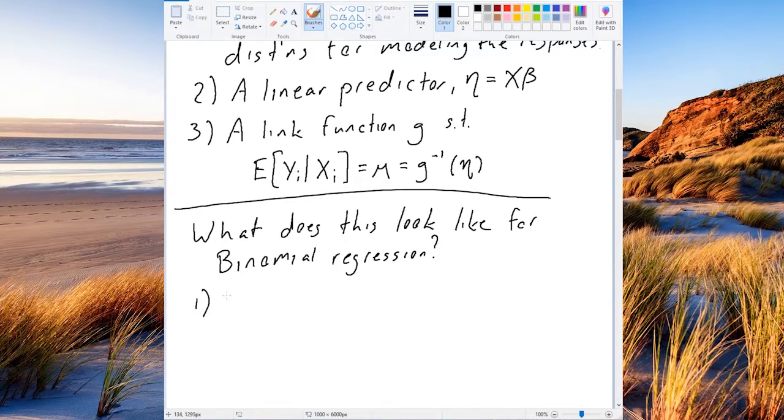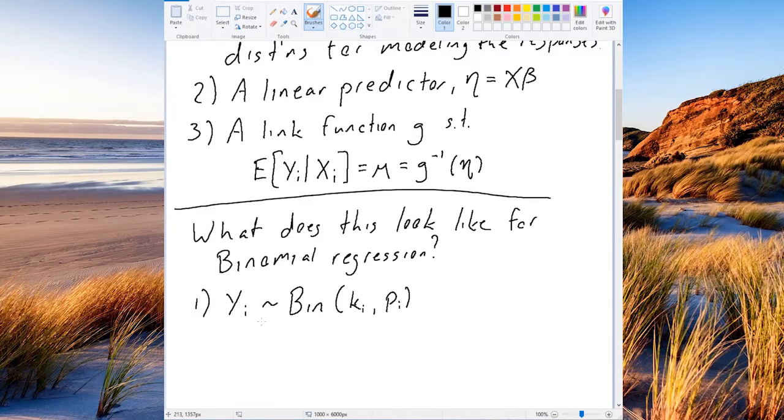Our probability model is y_i is distributed binomial(k_i, p_i). p_i is going to be the probability of a success on this random variable, right?